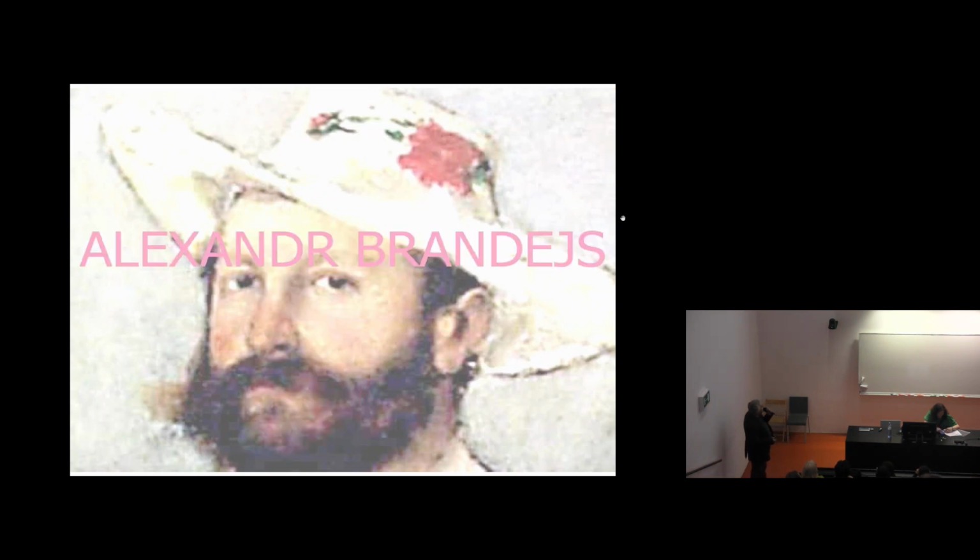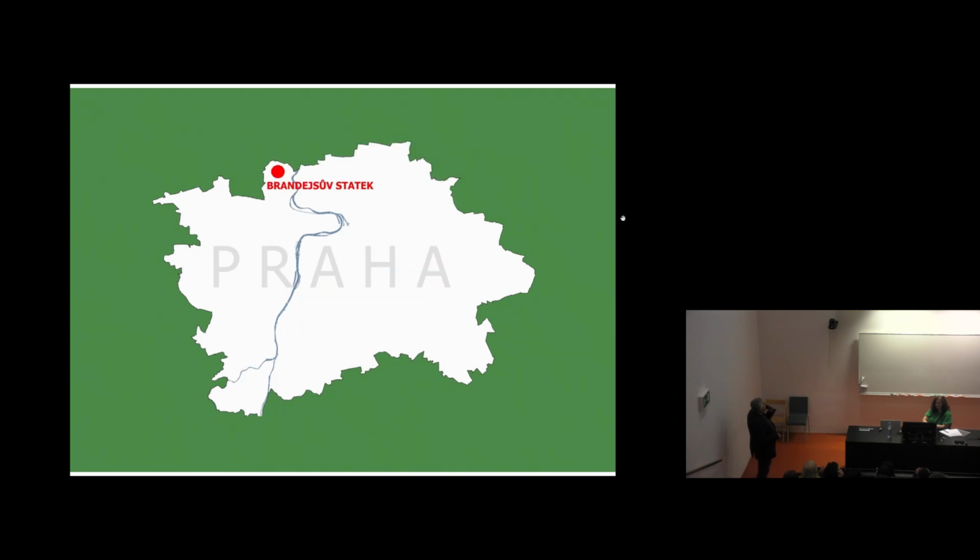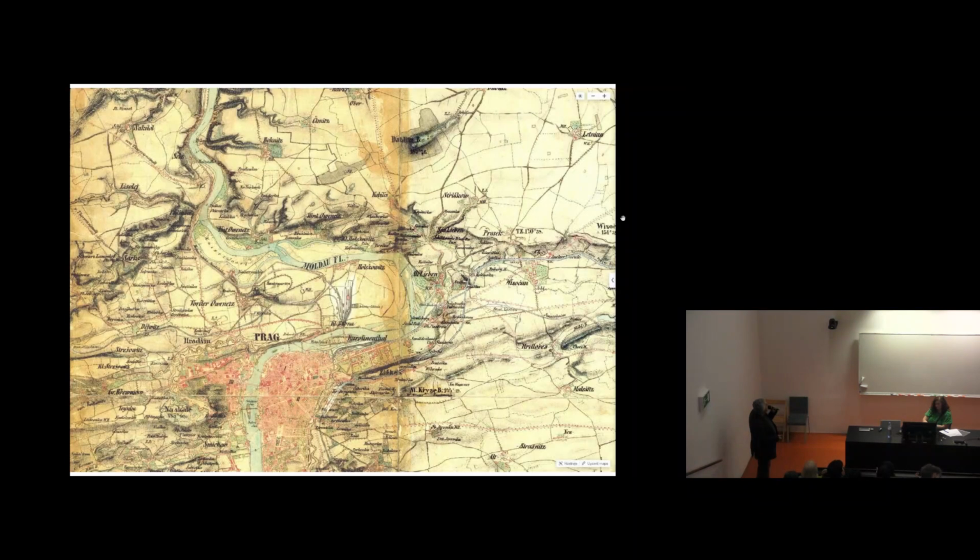The name Brandeis belongs to this guy who was a very important art lover and helped Czech artists of the so-called National Theatre generation in the last third of the 19th century. The place is on the very outskirts of Greater Prague.